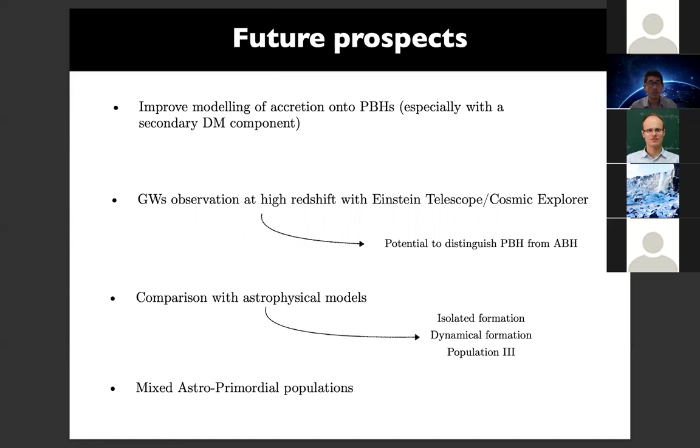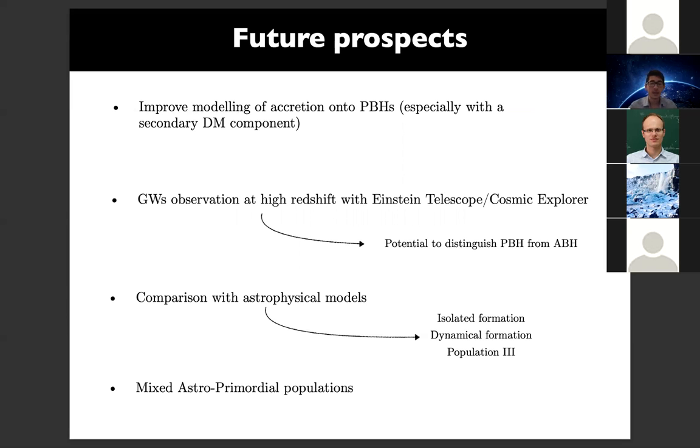Then it's also important to study observational gravitational waves at very high redshift, thanks to future experiments like Einstein Telescope or Cosmic Explorer, which are able to potentially distinguish primordial black holes from astrophysical black holes at a given high redshift.